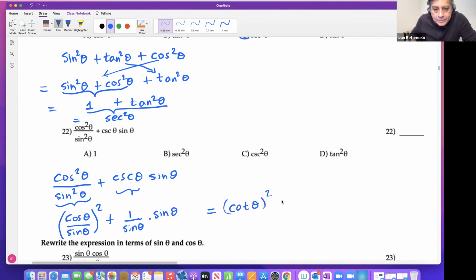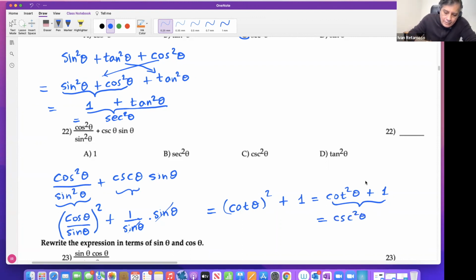Squared, plus sine of theta times 1 over sine of theta, which is just 1. So what do I have here? I have cotangent square of theta plus 1. But what is cotangent square of theta plus 1? Well, this is just cosecant square of theta, right?